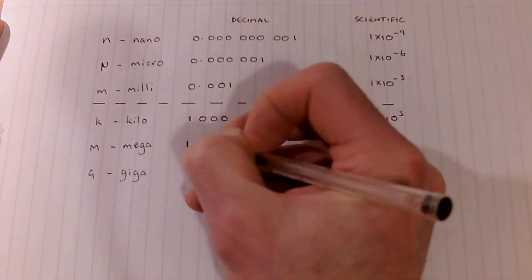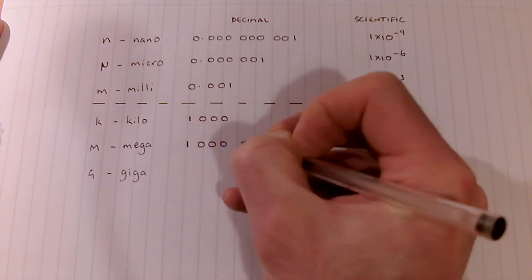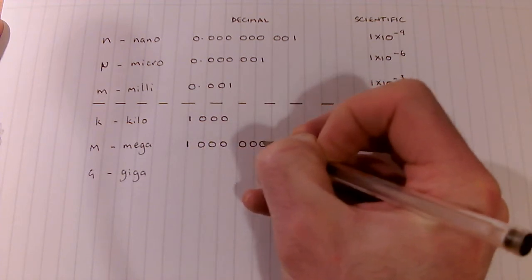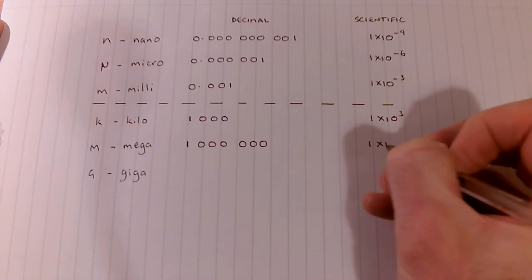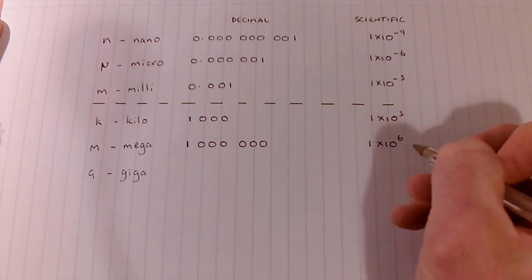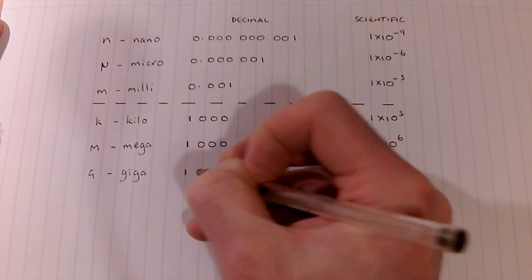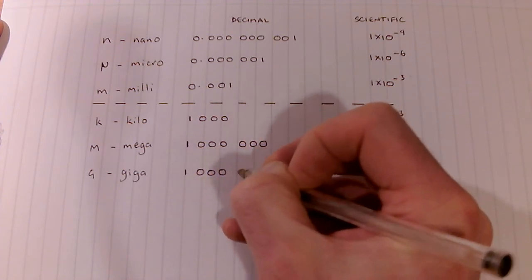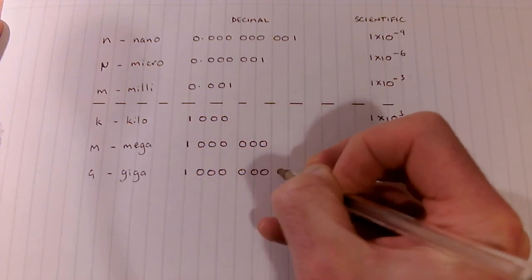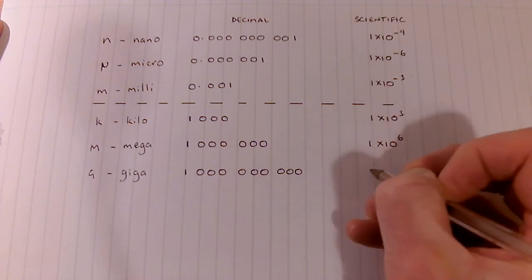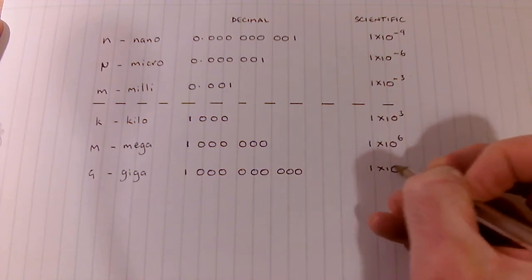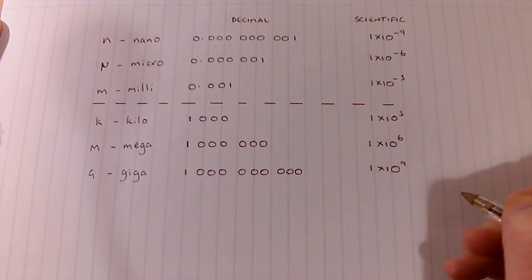Mega, 1, and then 1, 2, 3, 4, 5, 6. So 1 times 10 to the power of 6. And the last one, giga, 1, and then 1, 2, 3, 4, 5, 6, 7, 8, 9. So it's 1 times 10 to the power of 9.